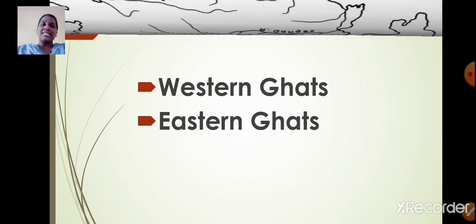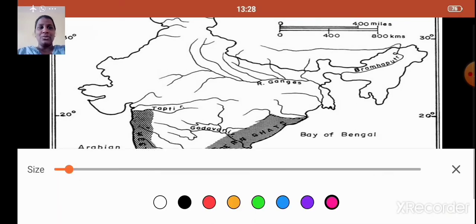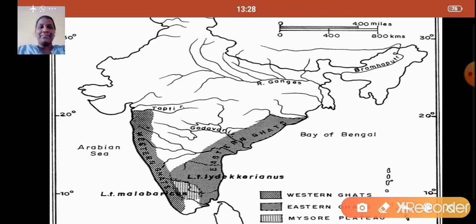Okay, so Western Ghats and the Eastern Ghats, you can have a look over here, students, in this map. Here we have the Western Ghats towards the west, and towards the east we have the Eastern Ghats. Is that clear, students?